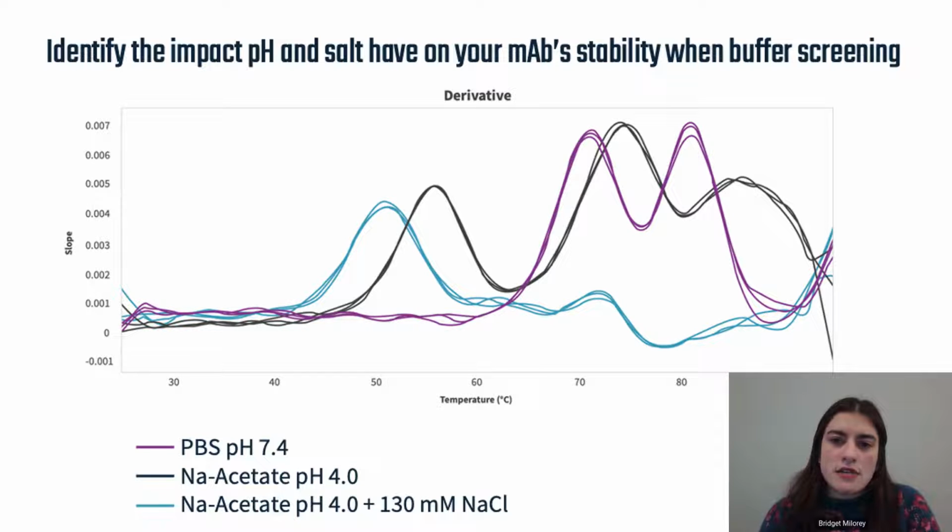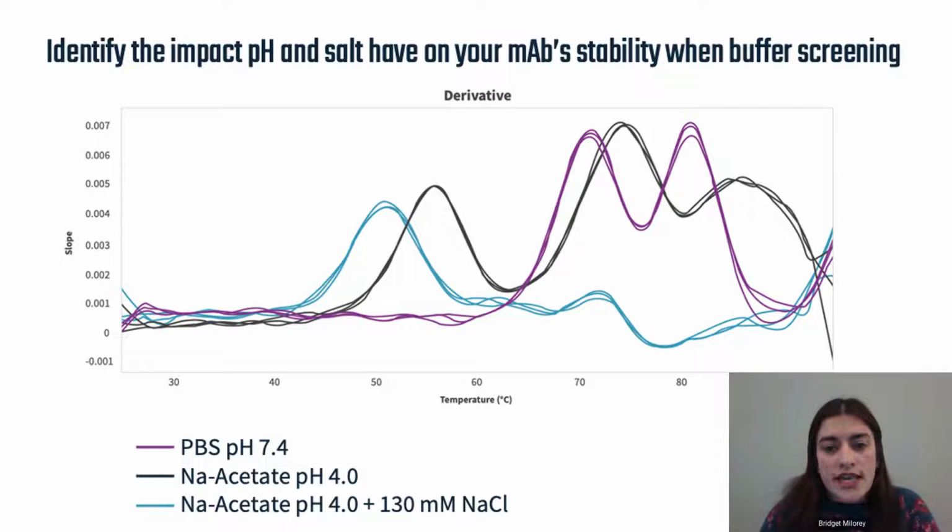In the case of buffer screens, you may be screening dozens or hundreds of buffer conditions. So it's again critical to keep things very consistent, like concentrations of proteins. In this case, liquid handling can really provide a big help for the experimental setup.